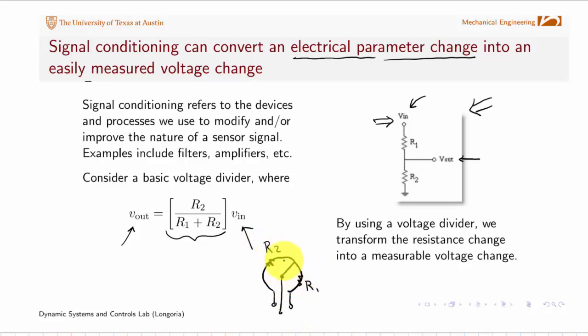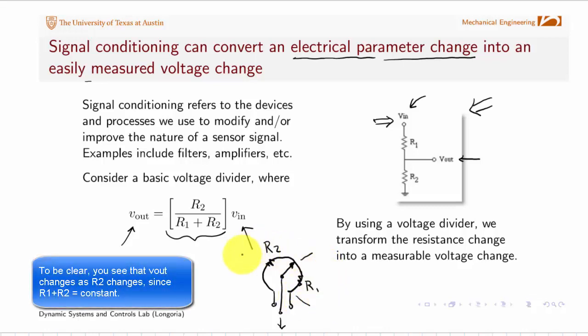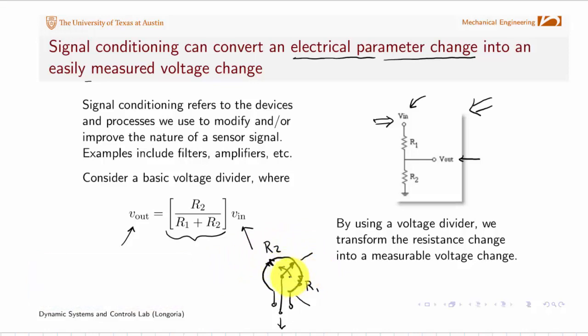R1 and R2 are both changing, so you can then infer from the voltage that comes out of this other terminal that you're changing, for example, this length. And then you can, in a sense, calibrate for the position of this. Remember, the shaft is connected onto this little slider. You can then measure angle, for example.